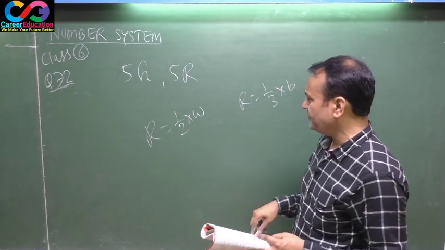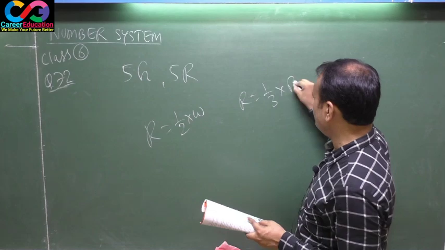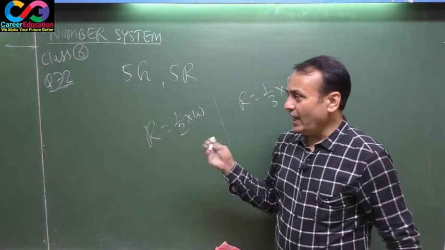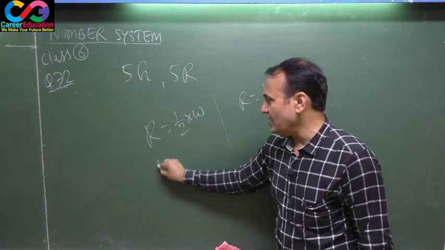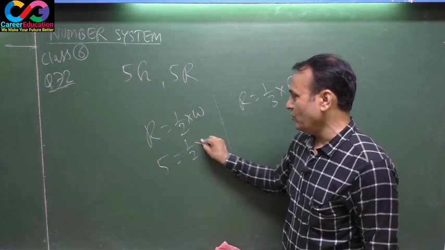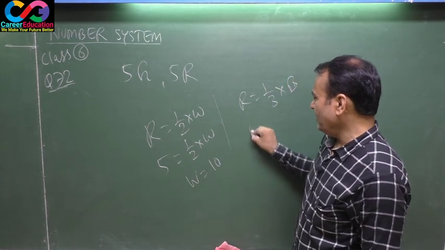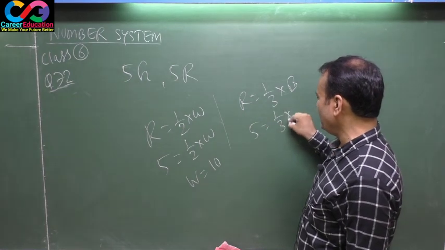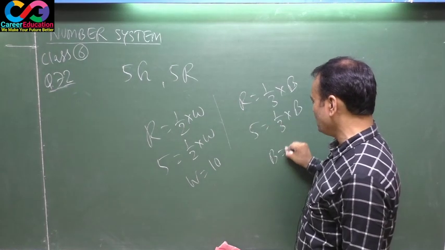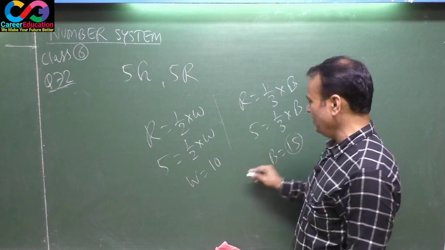B must be written here. See here. You have 5 red balls, that means R equals 5. 1 by 2 white, that means white equals 10. Again 5 equals 1 by 3 into blue, or blue equals 5 threes are 15.